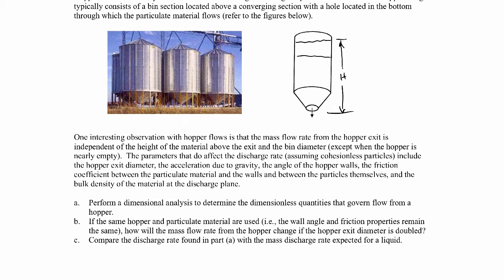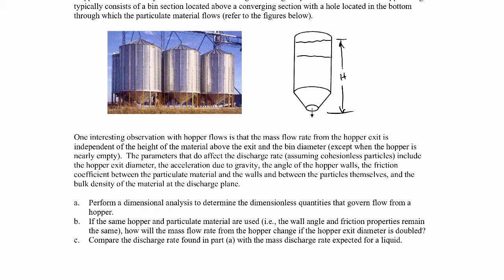It's independent of this height for a sufficiently tall distance above the exit. The reason has to do with the fact that with particulate materials, you can get shear stresses against the wall that help support the weight of the material, something you don't typically get with fluids.